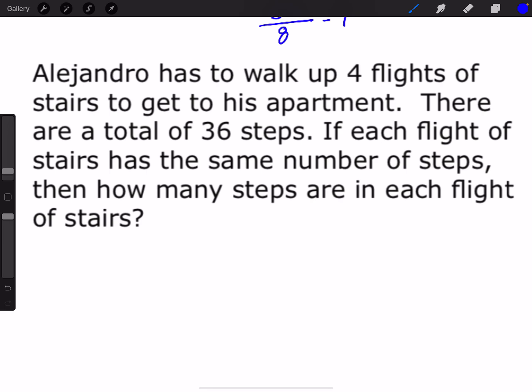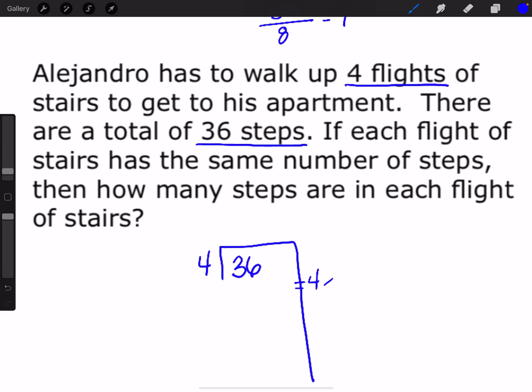There is a total of 36 steps. We know that he walks up 4 flights of stairs. We need to figure out how many stairs are in each flight. So we're going to have 36 is our dividend. 4 is our divisor. We know if we do 4 times 3 is 12.